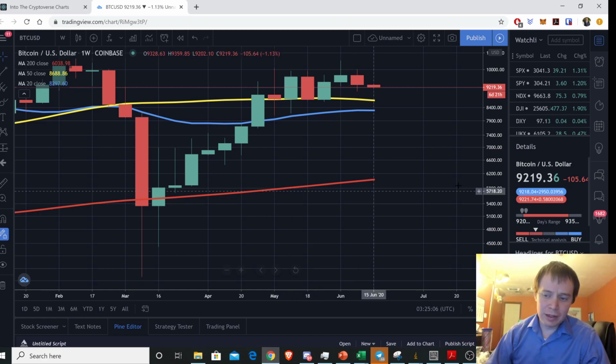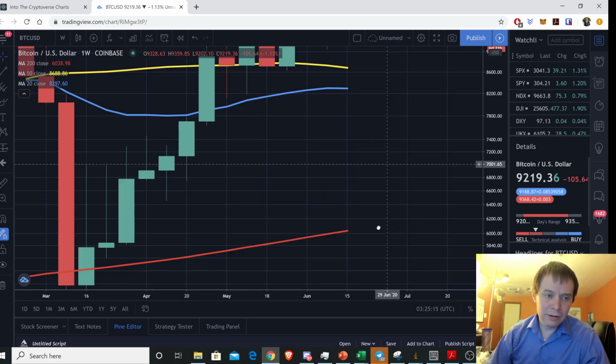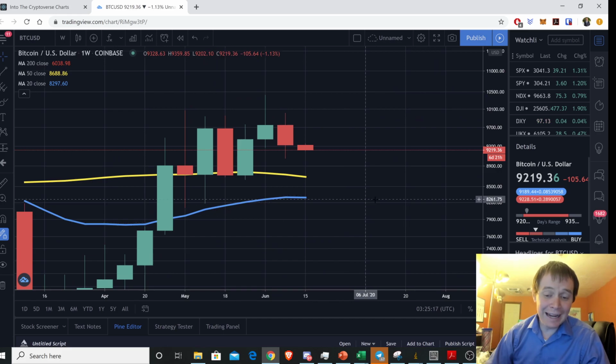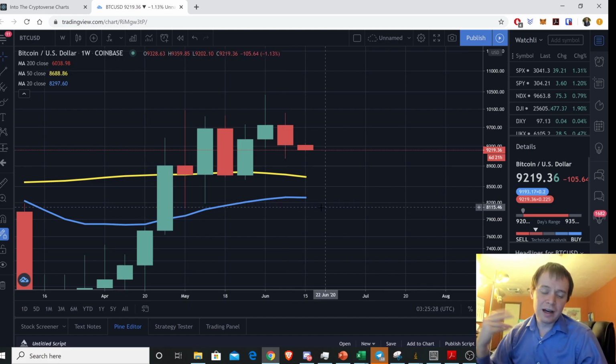Going forward, Bitcoin certainly is seeing a pullback now, just in time for the weekly buy if you follow that. But again, we're still fairly above the 20-week moving average, which is currently at around 8,300. If you see us drop below this price, so if Bitcoin drops another, say, 10% or so, and you see us dropping below the 20-week, this is when personally I would be consolidating and getting rid of a lot of my other positions and a lot of other coins, and consolidating to Bitcoin and or stable coins.